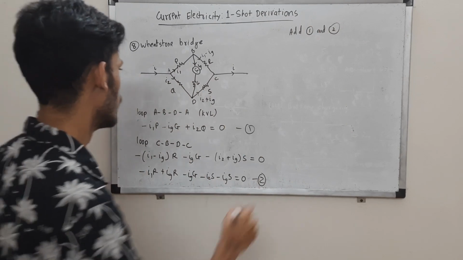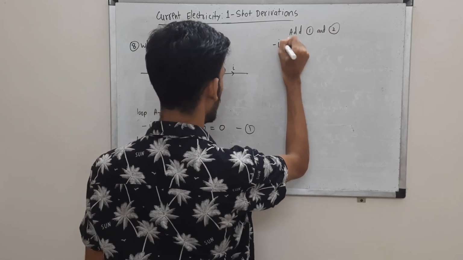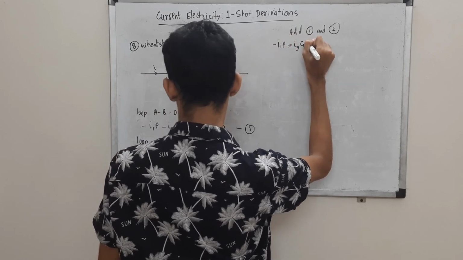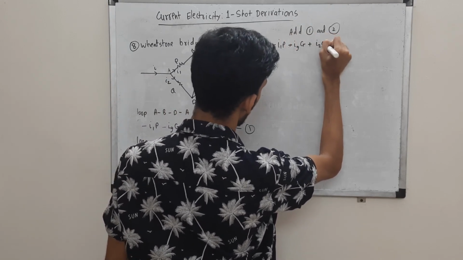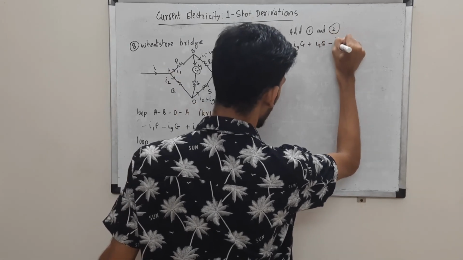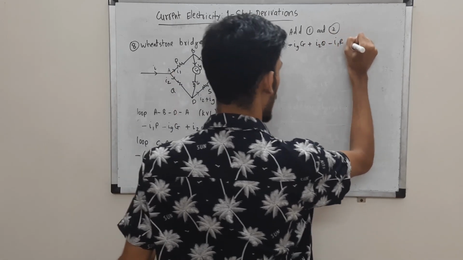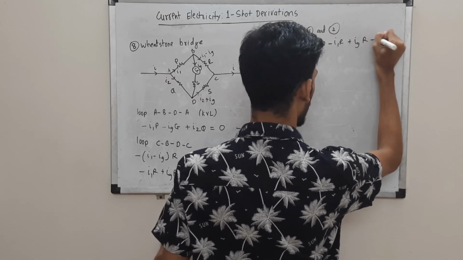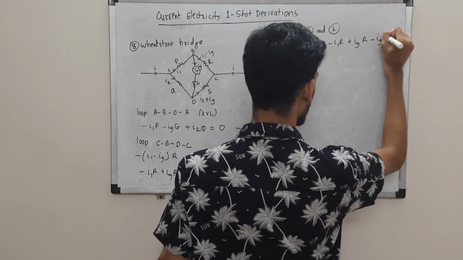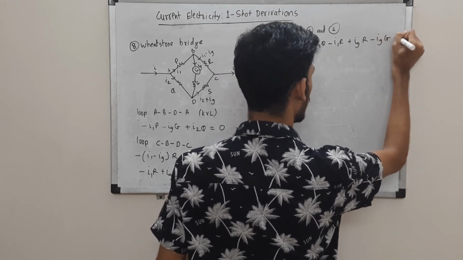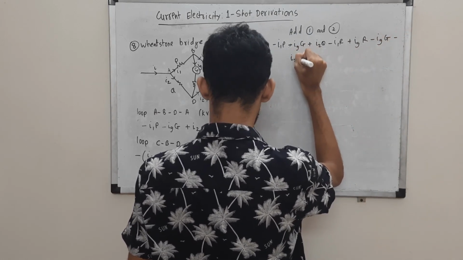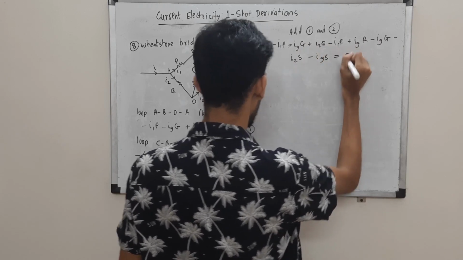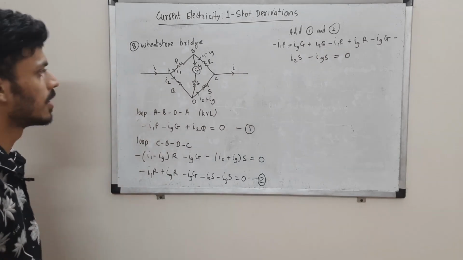If we add, we have minus I1P minus IgG plus I2Q minus I1R plus IgR minus IgG minus I2S minus IgS is equal to 0. Okay, hope this is correct.